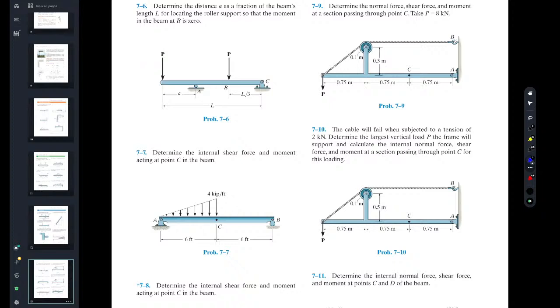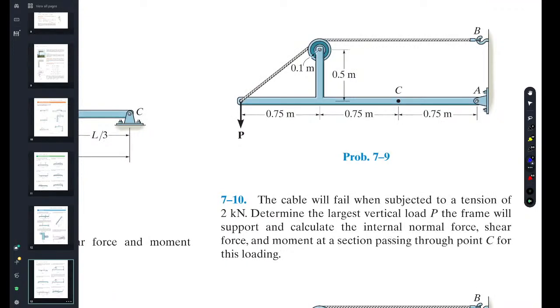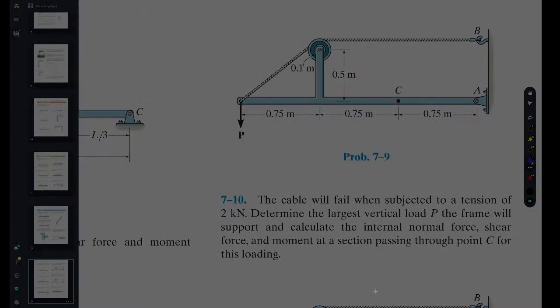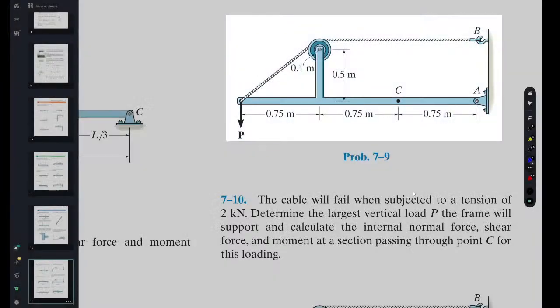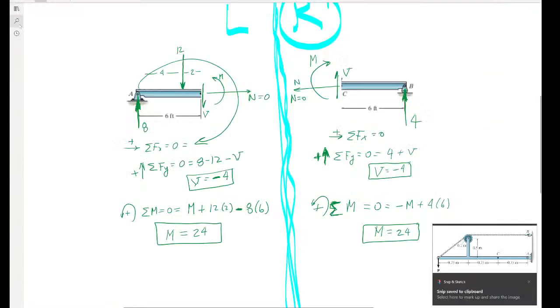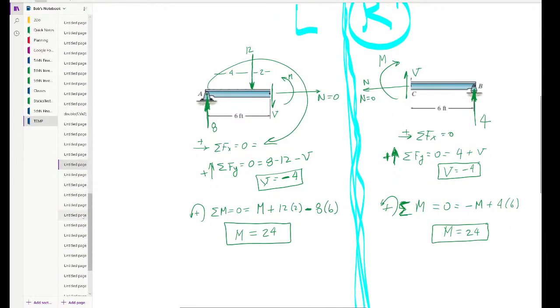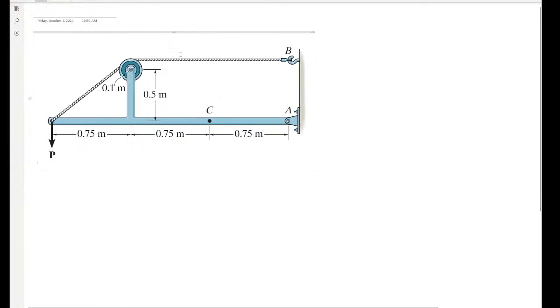Okay, we're just going to do 7.9. Let's see. Okay, so let's take a look at this.